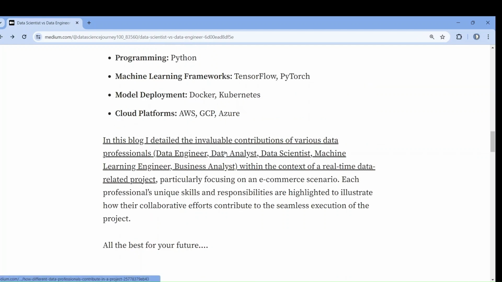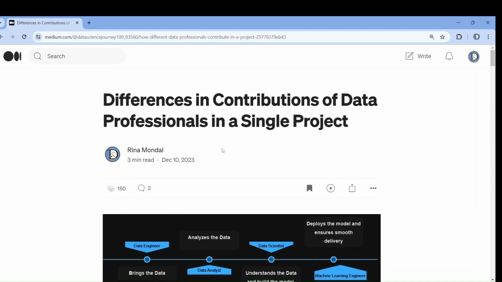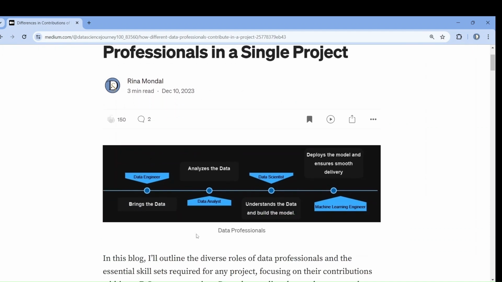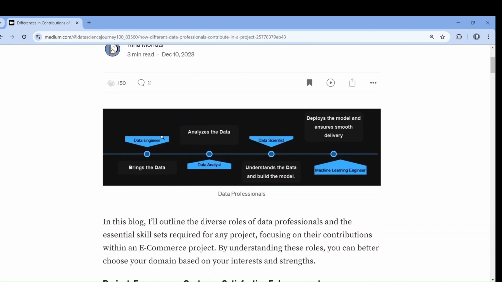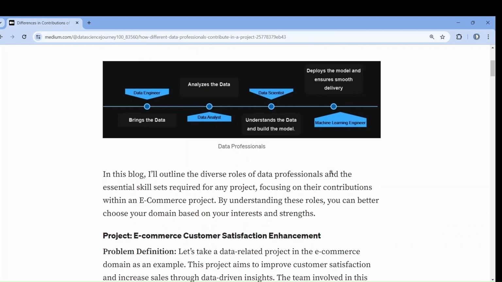Okay. Now here I have written a blog where I have detailed the invaluable contributions of various data professionals. Okay. Suppose all of them are working in a single project. See here, data engineer who brings the data, data analyst who analyzes the data, data scientist who understands the data and builds the model, and machine learning engineer who deploys the model and ensures smooth delivery.